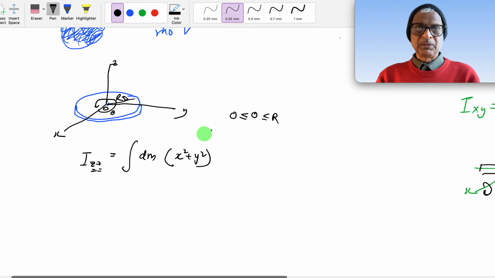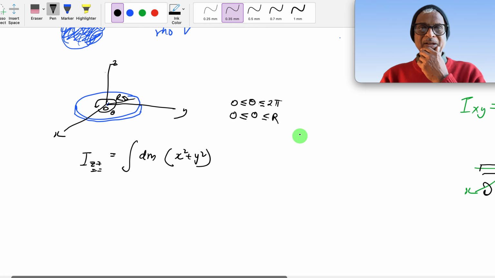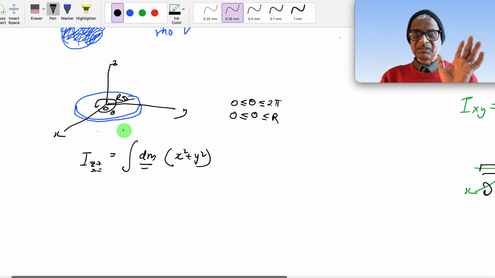That's the theta variable, 0 less than theta less than 2 pi. So this is the integration that will cover the entire disk, cover all the masses.